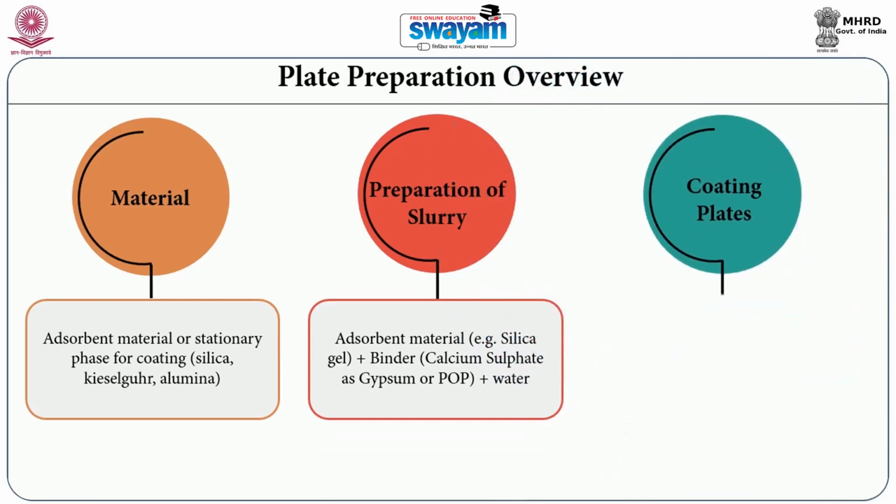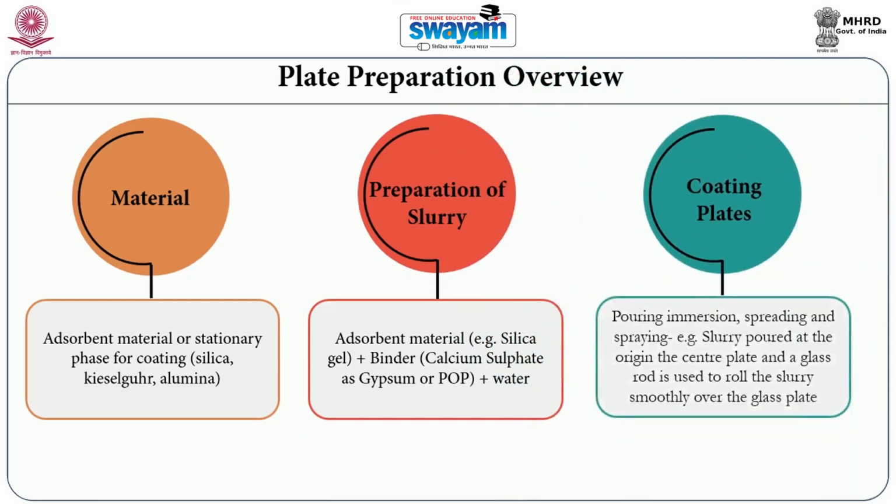Then comes the process of coating the plates with the slurry that has been prepared. This involves pouring or immersing and spreading or spraying onto your support or backing plate, and then smoothing it over to get as uniform a thickness as possible. So you understand that achieving a uniform thickness of that coating is important, and in fact spreaders are available that help to smooth it over and maintain as uniform a layer as possible.